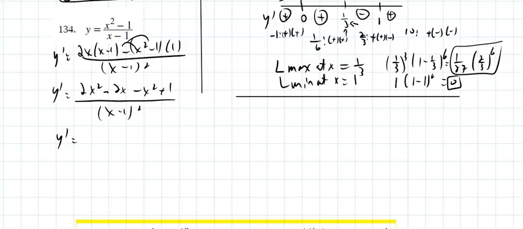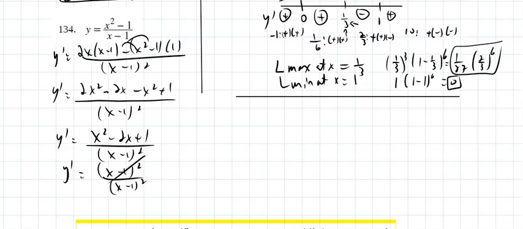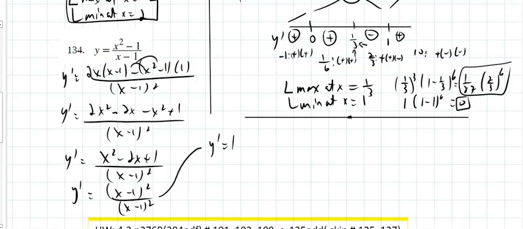Y prime would be x squared minus 2x plus 1 over x minus 1 squared. And if you factor that, since you're going to have to do that, x minus 1 squared over x minus 1 squared, I get y prime to be 1.